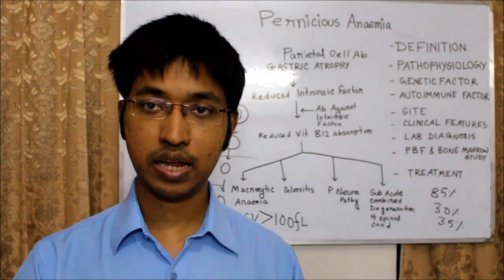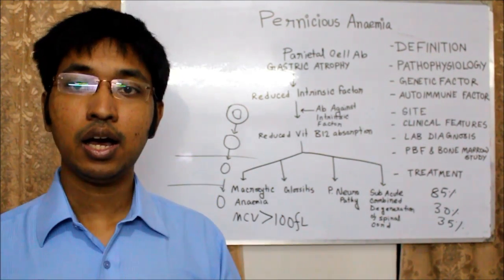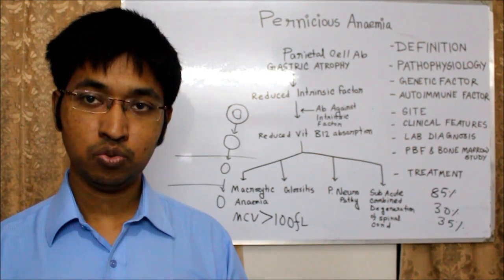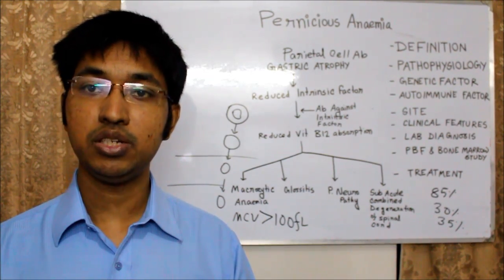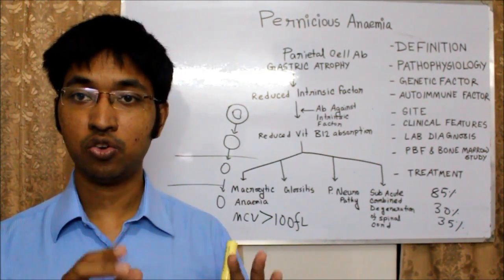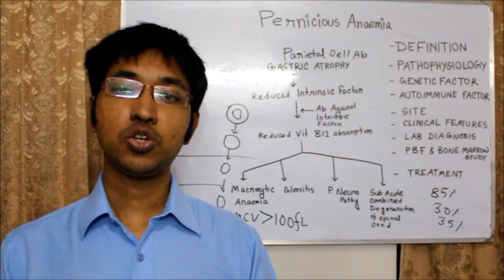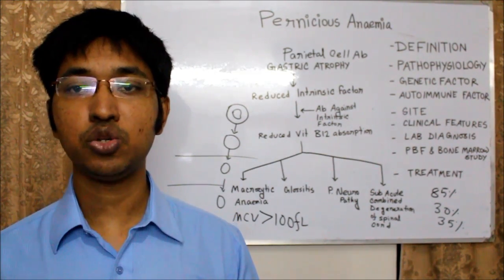So the reaction is like this: homocysteine binds with a methyl group, which is given to homocysteine by vitamin B12, and then homocysteine is converted to methionine. So that reaction needs vitamin B12.